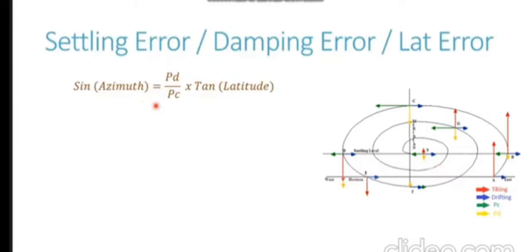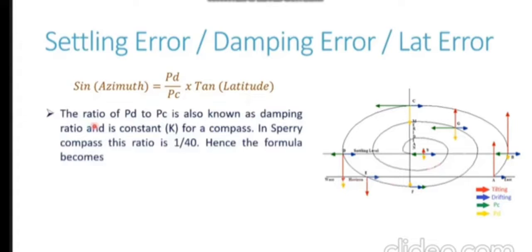So this is the relationship which we have got. Now the ratio of PD to PC, where PD is damping precession and PC is control precession, is also known as the damping ratio. And this ratio is constant, represented by the letter K for any particular compass.